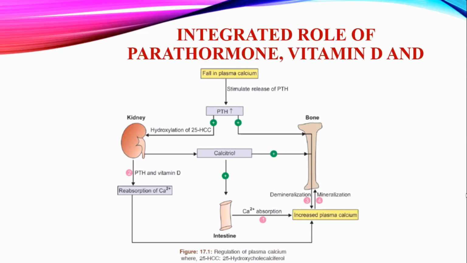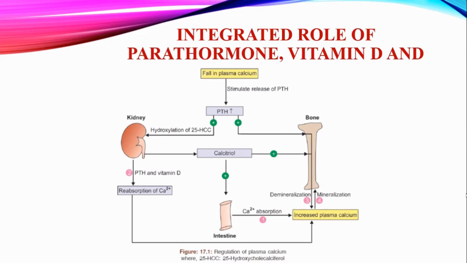Generally, to maintain calcium in the serum, three hormones regulate: parathyroid hormone, calcitonin, and calcitriol, which is the active form of vitamin D. They generally involve three organs: kidney, bone, and intestine. Calcitriol, vitamin D, acts mostly on the intestine.